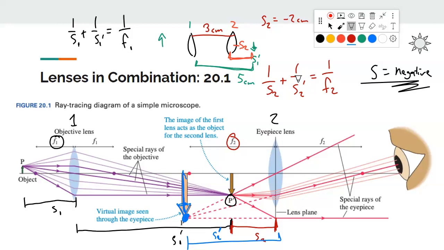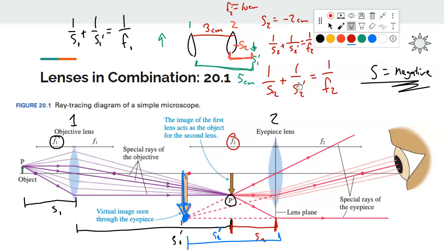But then we have to say that it's negative since it's to the right of lens 2. And so then let's say that the focal length for this lens is, I don't know, 10 centimeters or something. So in that case, we could do the thin lens equation for lens 2: 1 over S2 plus 1 over S2 prime equals 1 over F2. And we plug in -2 for S2, we plug in 10 for F2, and we could solve for what S2 prime is.